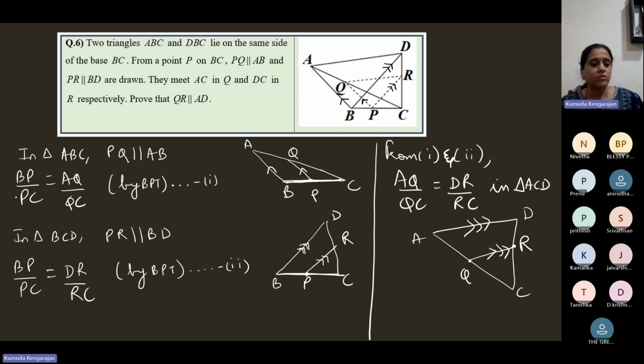So why are we getting BP by PC, BP by PC in both the triangles? Because BC is a common side. If the two triangles did not have any common side, you will get proportions, but no ratio will be common in both. Then you cannot compare the two.